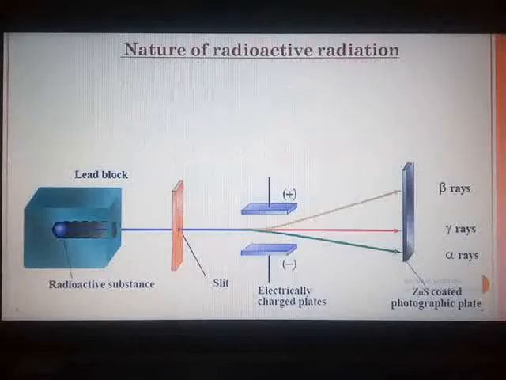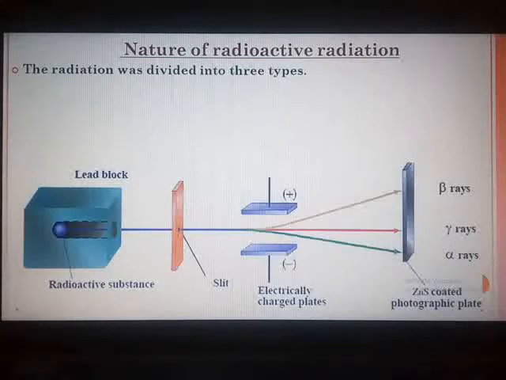What was found towards the end of this experiment? It was found that the radiation was divided into three types. The rays which were emitted were allowed to pass through an electrical field, and a photographic plate was placed in its path, and then it was inferred that the radiation was divided into three types.